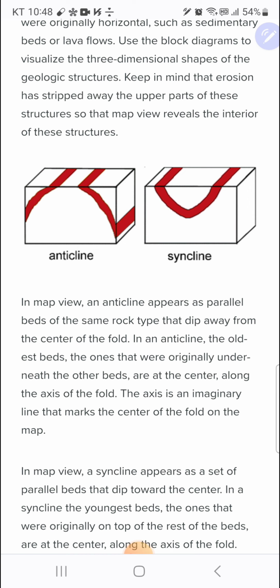In an anticline, the oldest beds, the ones that were originally underneath the other beds, are at the center, along the axis of the fold. The axis is an imaginary line that marks the center of the fold on the map.